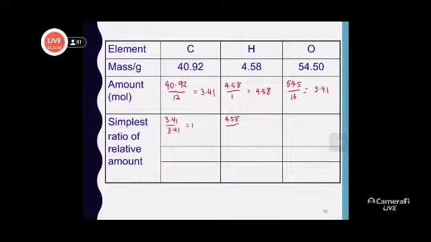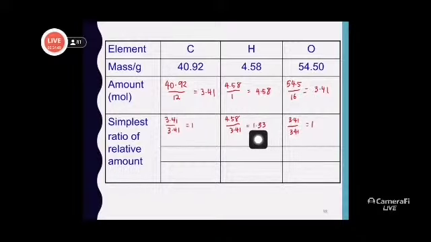Next, 4.58 divide with 3.41. So you will get 1.33. Ini kena darab. And the last one, 3.41 divide with 3.41, so you will get 1. So as you can see here, we have 1.33. Dia tak boleh round off.